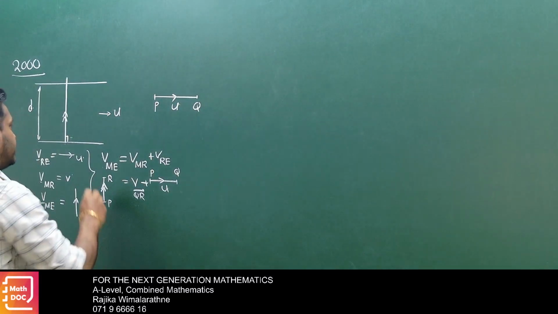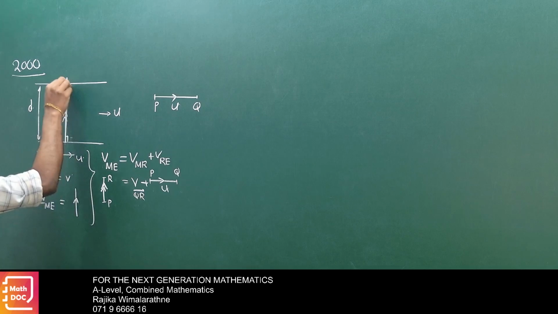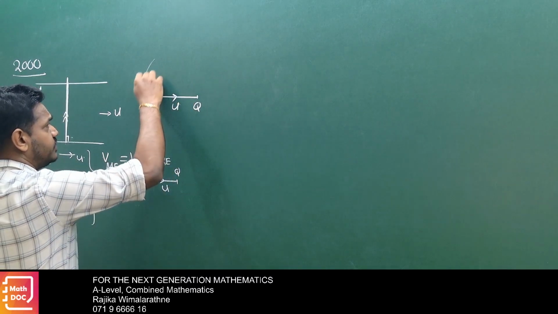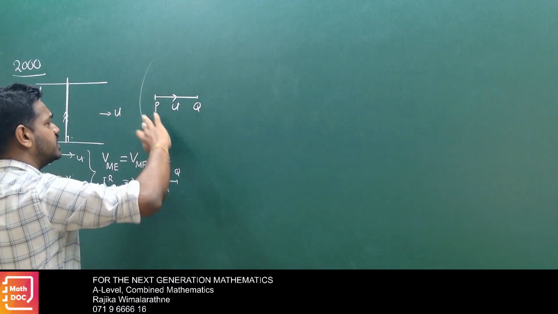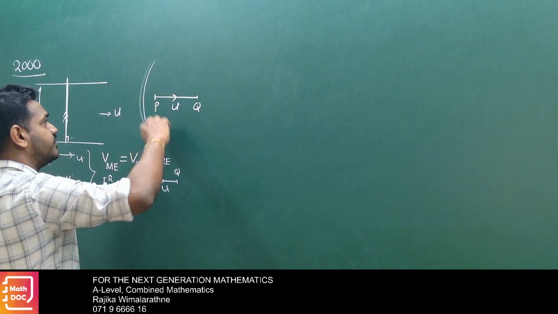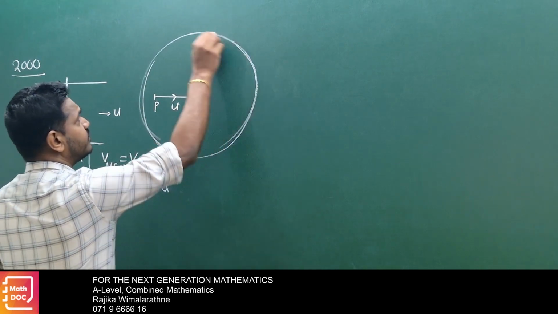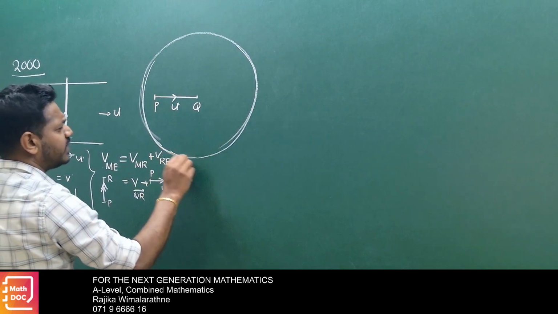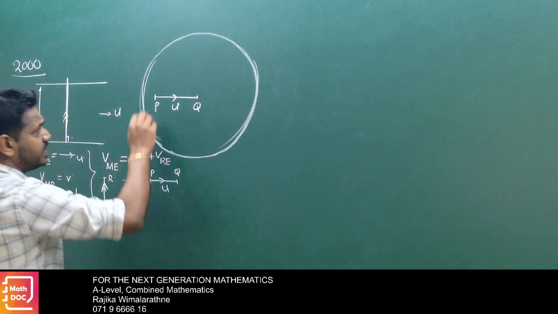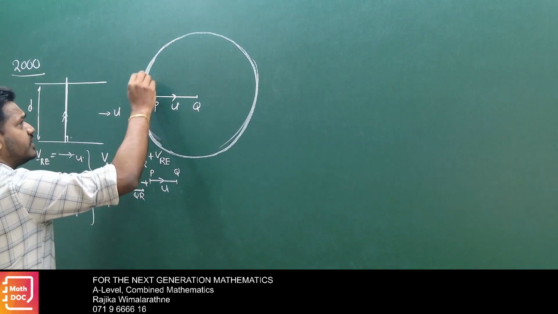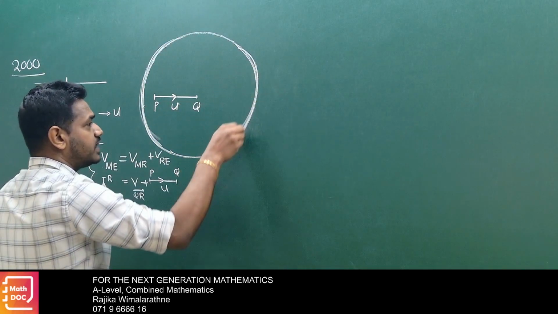It says that he moves perpendicular to the bank. Therefore, definitely v is greater than u, otherwise the motion will not be possible. Then with Q as center and radius v, draw the circle. We have to explain why v is greater than u: to move upstream and perpendicular to the bank, definitely we must have v greater than u.